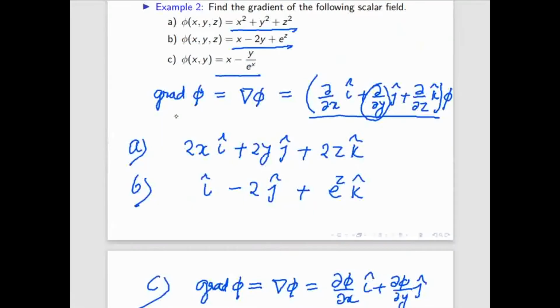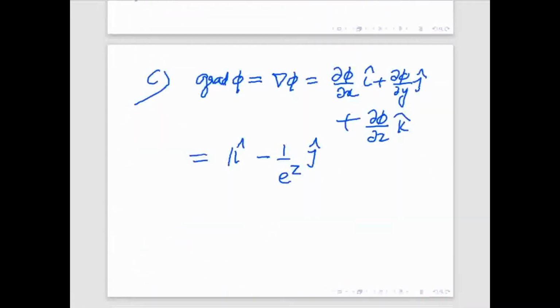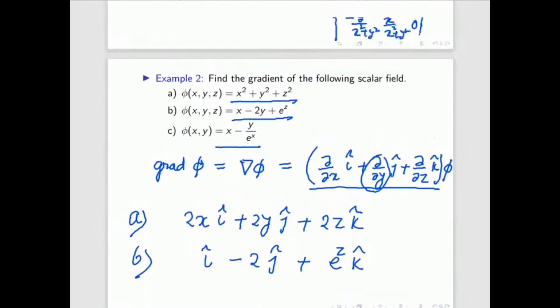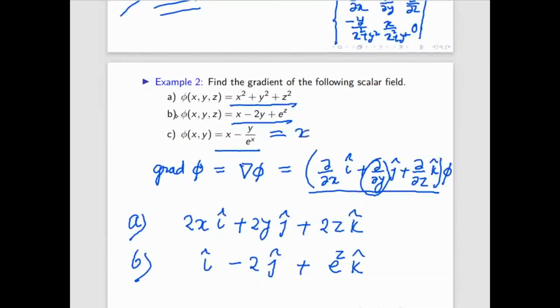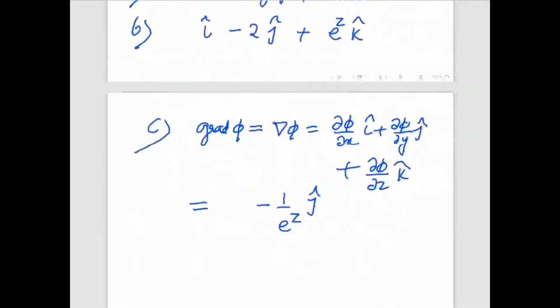Okay, this with respect to x, that will also come. So I'm writing this as x minus y e to the power minus x. If you differentiate with respect to x, you will get 1, and then the derivative of e to the power minus x will give minus times e to the power minus x.